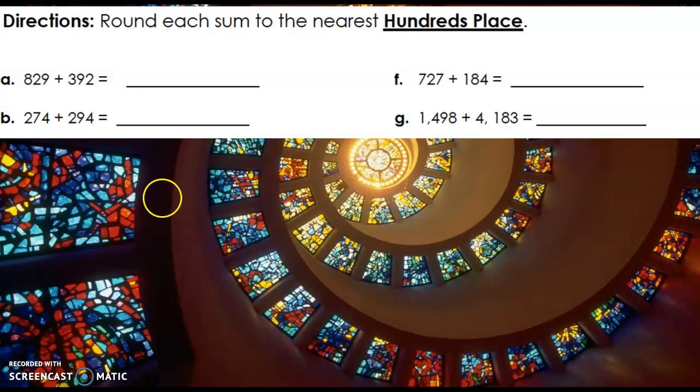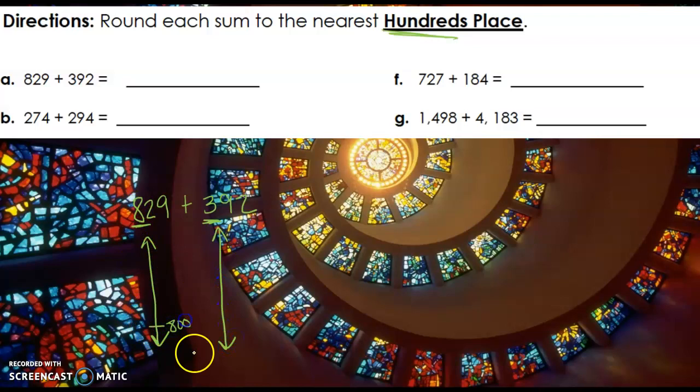All right, so let's look at our first one. You have 829 plus 392. Well, we're going to the hundreds place, so you need to find the hundreds on both of these numbers and do a number line for both. Okay, so the first one you have 8 hundreds, that's your floor, 900 is your ceiling, 850 is the midpoint.